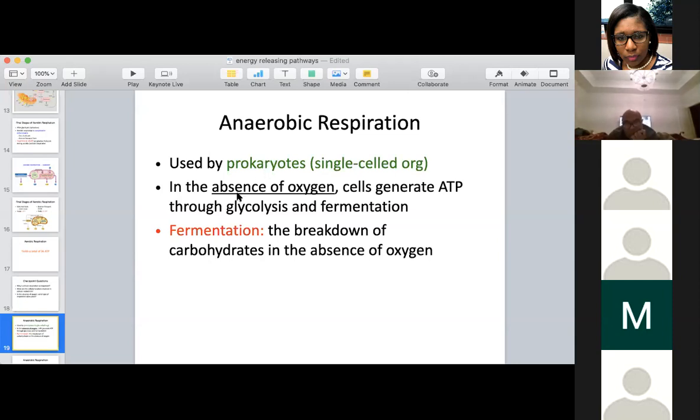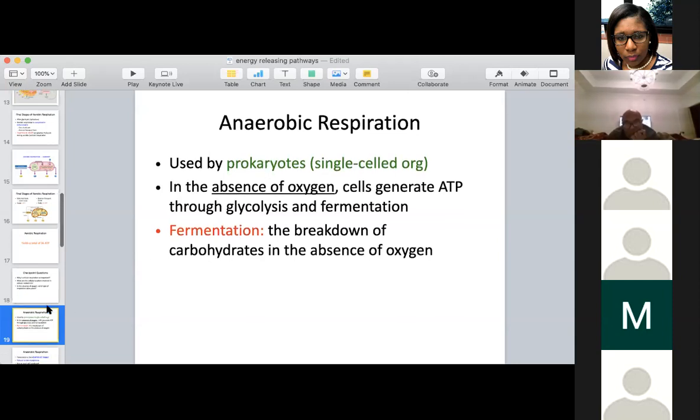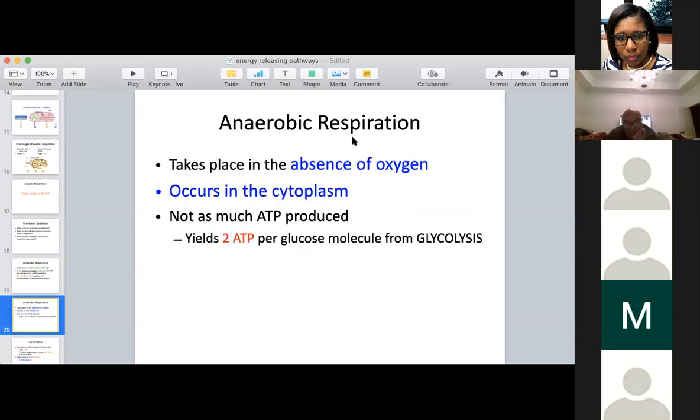So we're comparing anaerobic and aerobic respiration. Anaerobic respiration takes place in the absence of oxygen, and it also occurs out in the cytoplasm. Why else do we know that to be true when we take into account the types of organisms that utilize anaerobic respiration? This mainly takes place in prokaryotes.